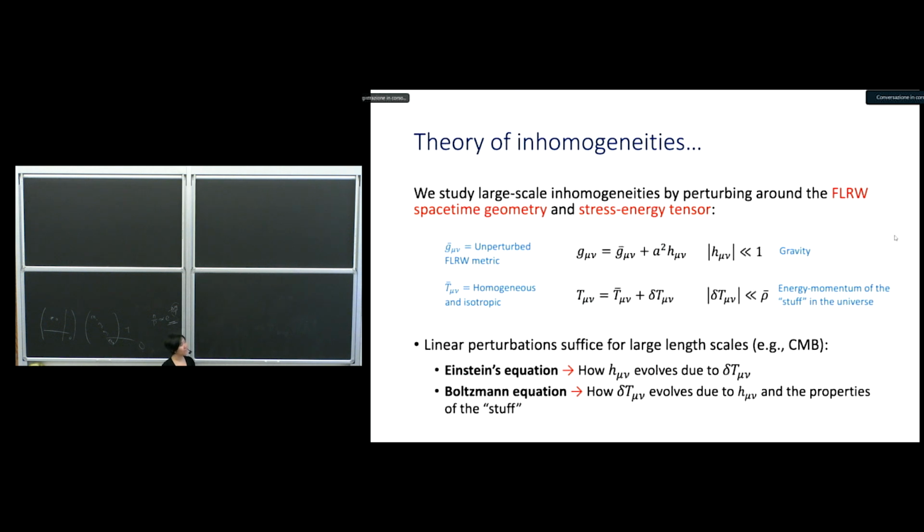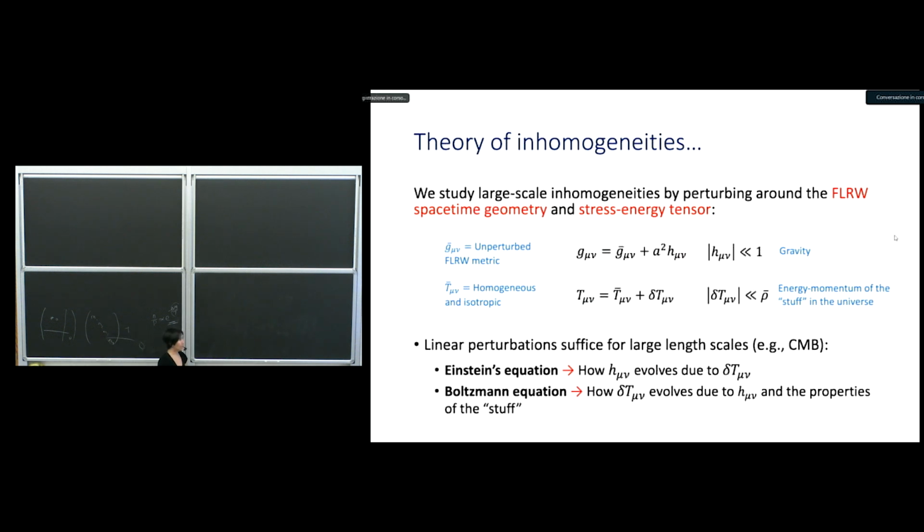We do a similar thing also with the stress energy tensor. We split it up into the homogeneous part, and there will be a tiny part here which corresponds to perturbations in the energy density, in the matter, okay? And again, it's a perturbation in the sense that these entries here, δT_{μν}, must be much less than the homogeneous energy density.